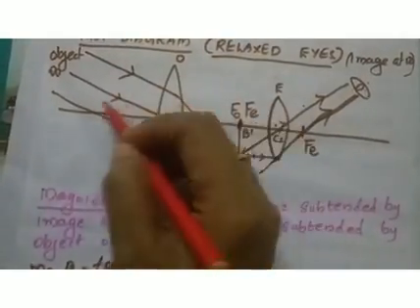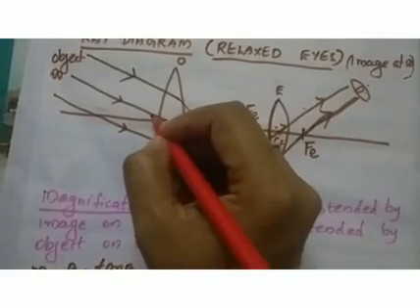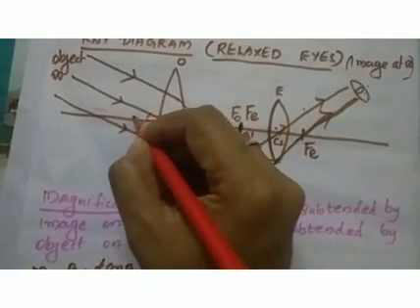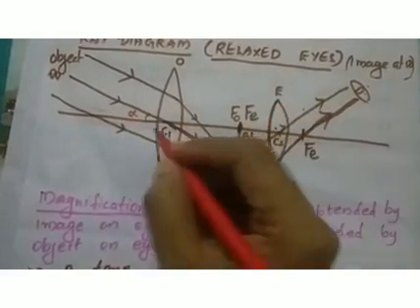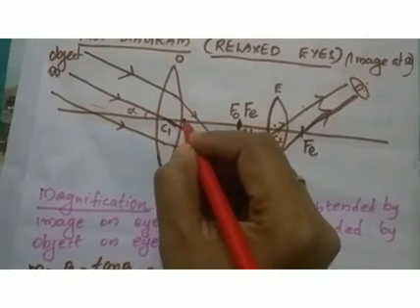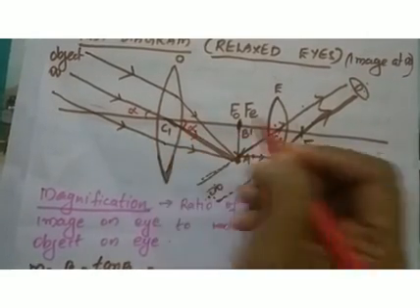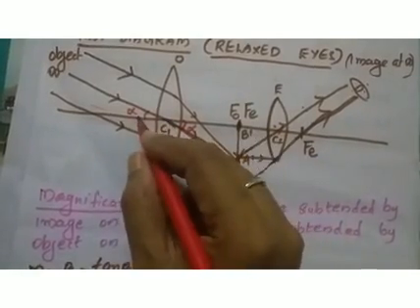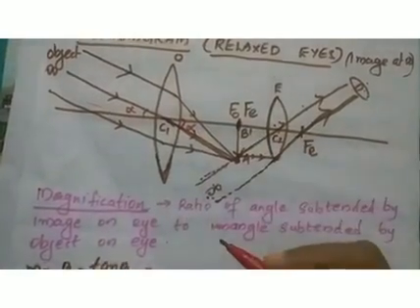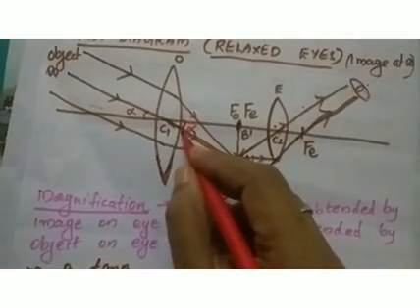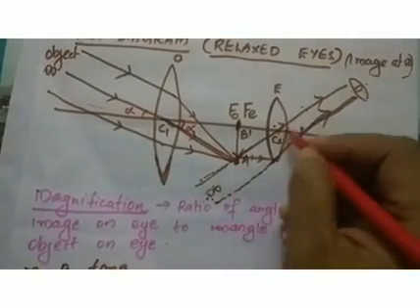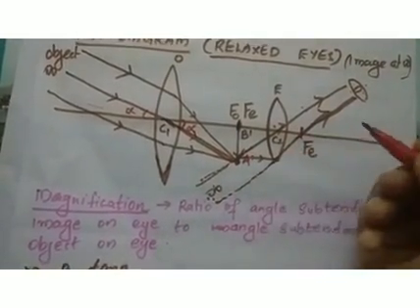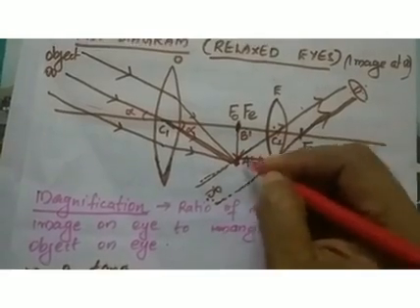These are the rays coming from the object, and let this angle be alpha. If this angle is alpha, then this angle also will be alpha. Vertically opposite angles are equal. So if this angle is alpha, this angle also will be alpha, and this is the angle subtended by the object on the eye.